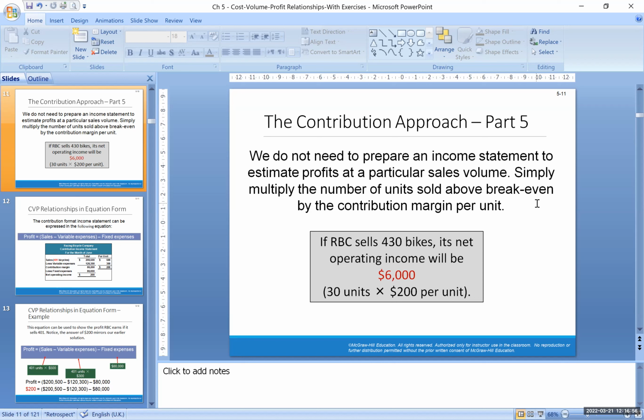So 30 units multiplied by $200 equals $6,000. This will be the income for the company if they sell 430 bikes. The 400 is the break-even, which means profit and loss is zero, and the net operating income will be zero. Beyond the 400, we can recognize a profit, so simply 30 times 200.